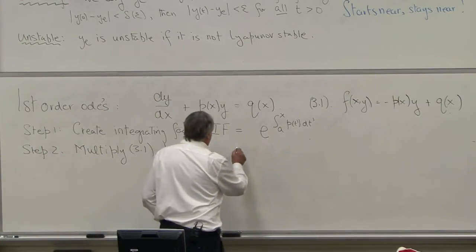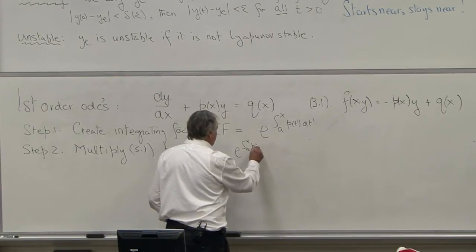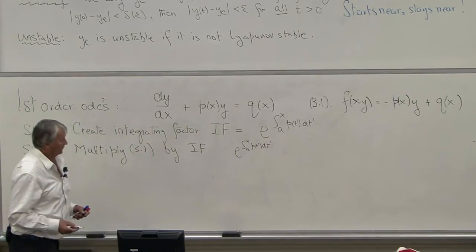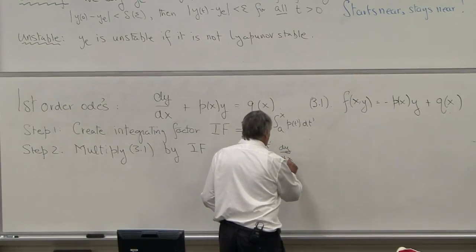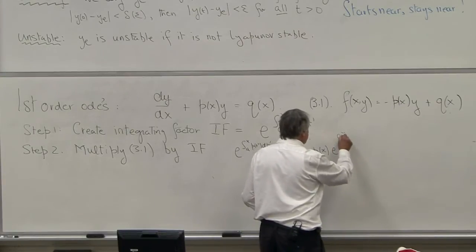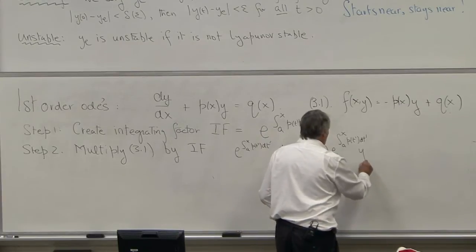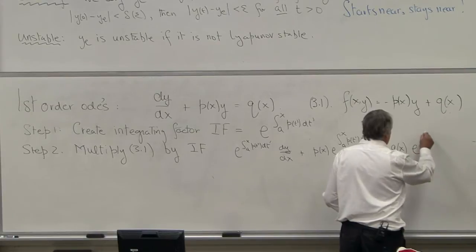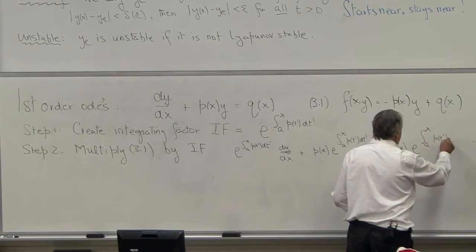I'll get e to the integral a to x p of t prime dt prime, t prime is just a dummy variable of integration, times dy by dx, plus p of x times e to the integral a to x of p of t prime dt prime, times y, equals q of x, e to the integral a to x of p of t prime dt prime.